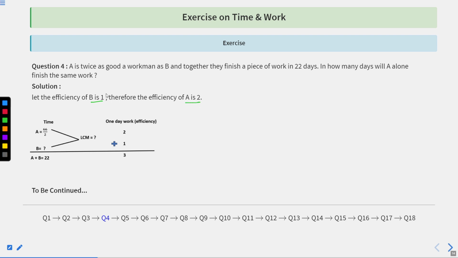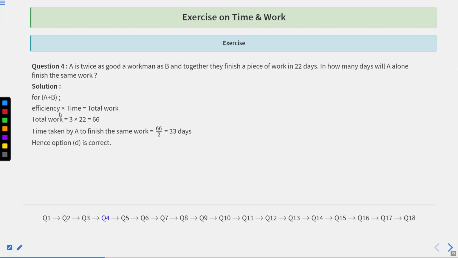Also it is given that together they finish a piece of work in 22 days, and we have to find how many days A alone requires. So 1 day work efficiency of A will be 2, 1 day work efficiency of B will be 1, and combined their work efficiency is 3. And combined they complete a task in 22 days.